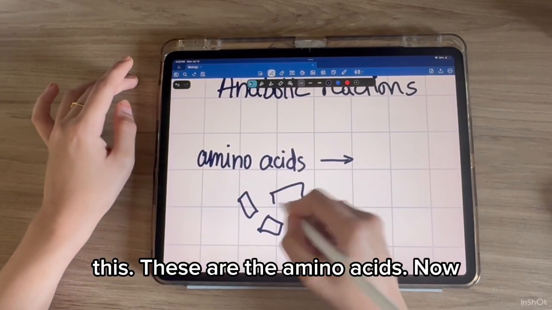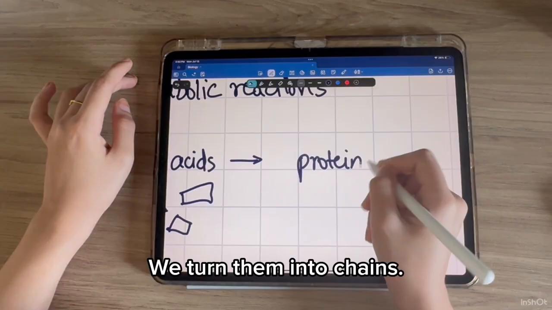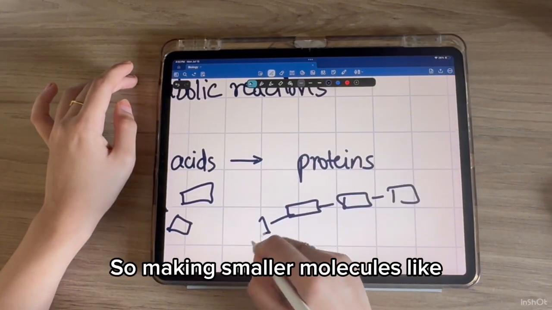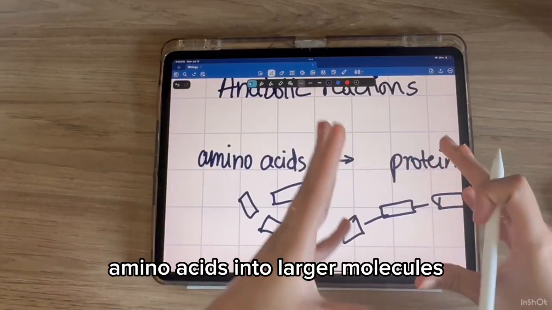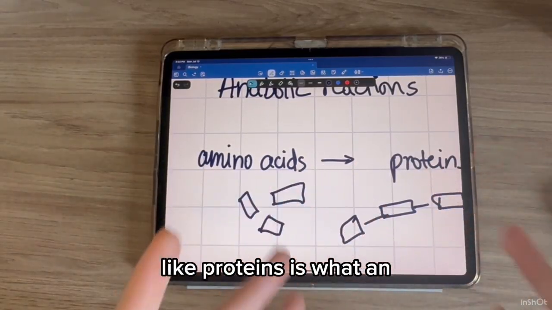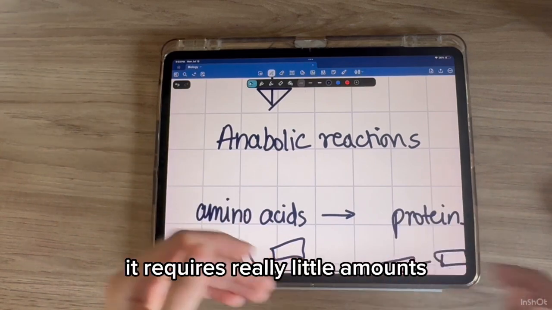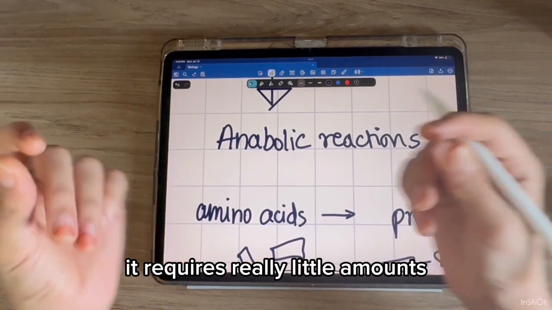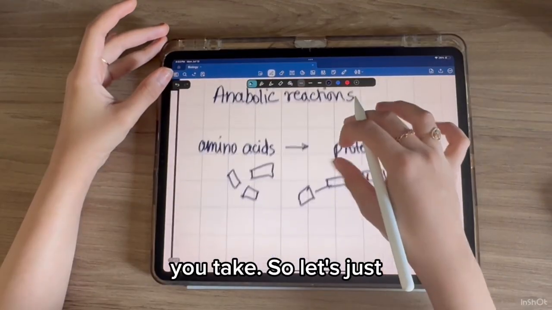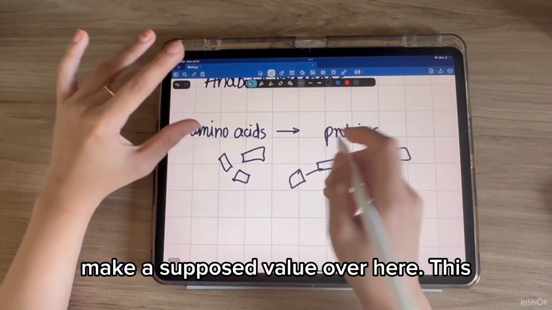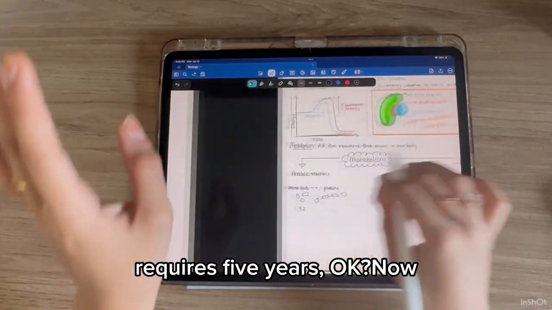These are the amino acids. Now to make proteins, we turn them into chains. So making smaller molecules like amino acids into larger molecules like proteins is what an anabolic reaction is. Okay? And it requires really little amounts of energy. Let's just make a supposed value over here. This requires 5 joules. Okay?